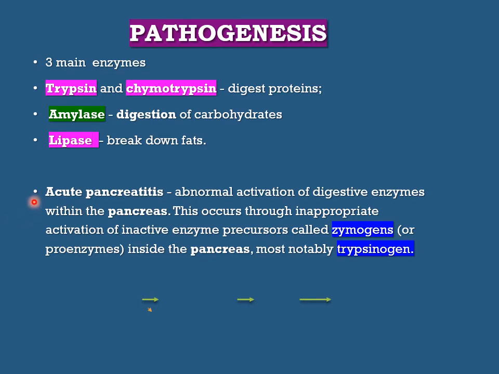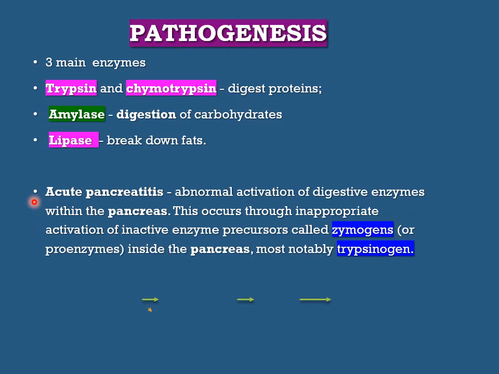In acute pancreatitis, what happens? There is an abnormal activation of these digestive enzymes within the pancreas, through inappropriate activation of inactive precursors called zymogens or proenzymes.